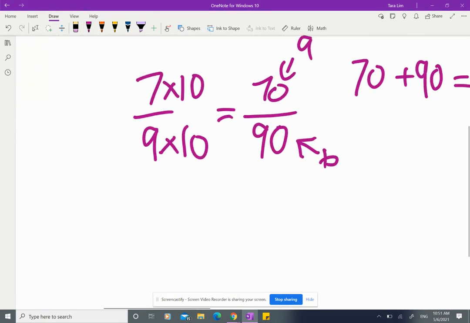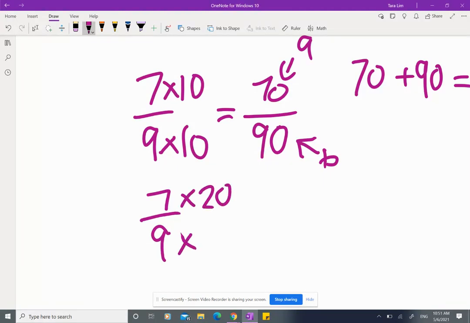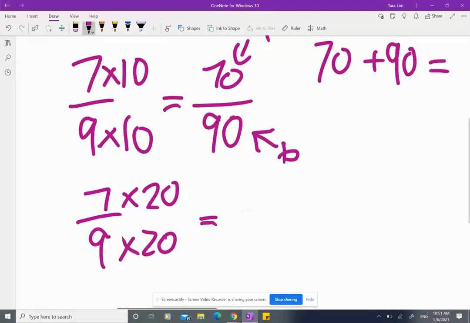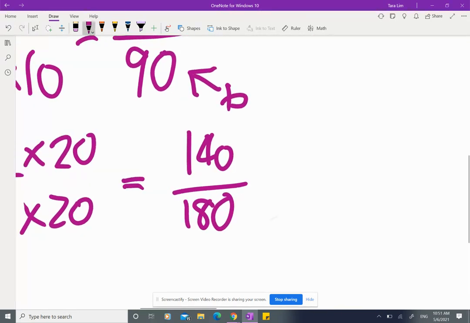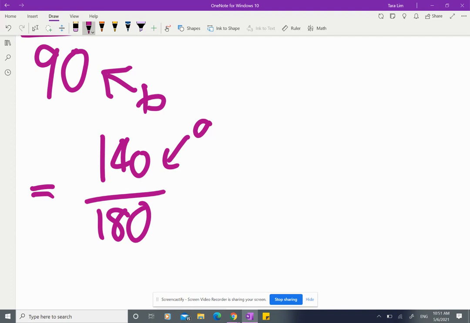So now again we try. The 7 over 9 times, this time we do 20. So 20 times 7 will give us 140. Now 9 times 20 will give us 180. So again, this is a and this is b, and we want to add them together.